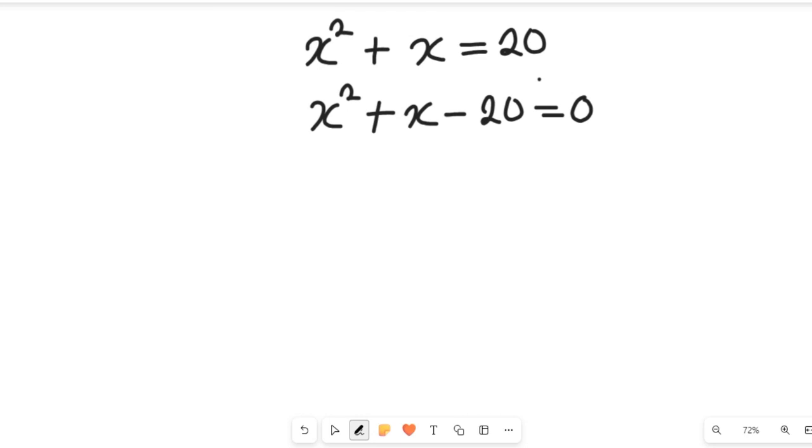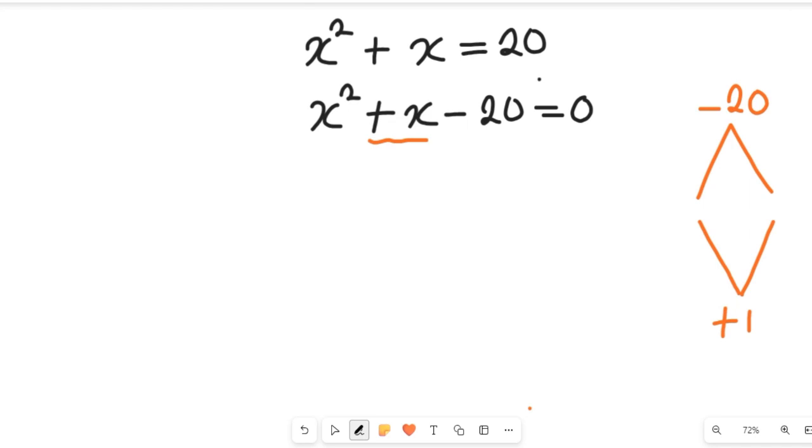A quadratic equation simply means we can solve that equation to get two factors. So what two factors can we multiply that will give us negative 20, and when we add them, give us a positive 1, which is plus x?